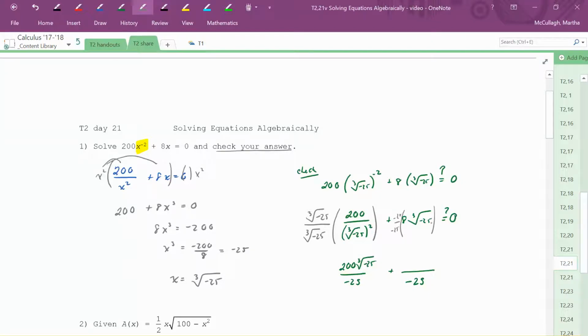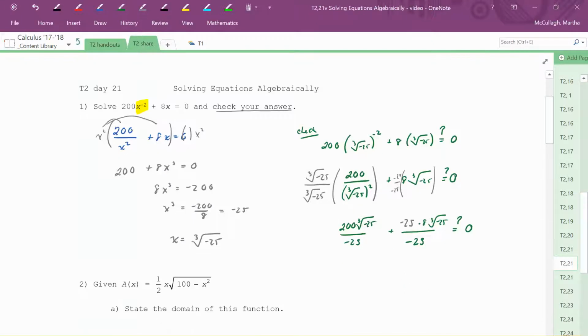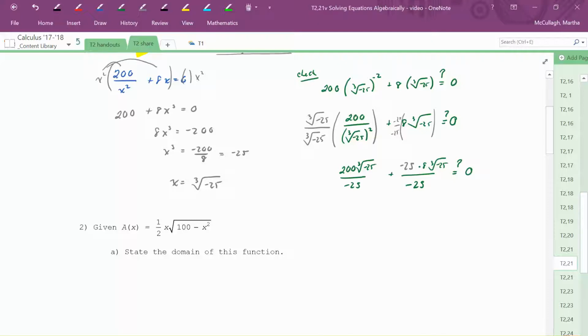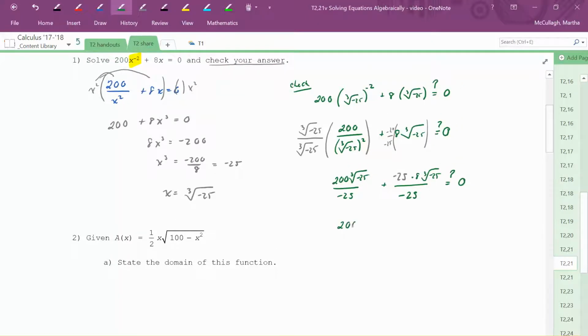So I'm going to have negative 25 times 8 times the cube root of negative 25, and I'm still asking, does that equal 0? Well, let's see. I've got 200 cube roots of negative 25 over negative 25.